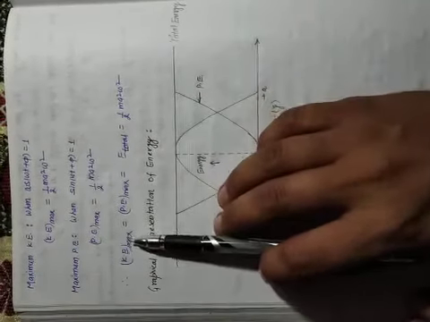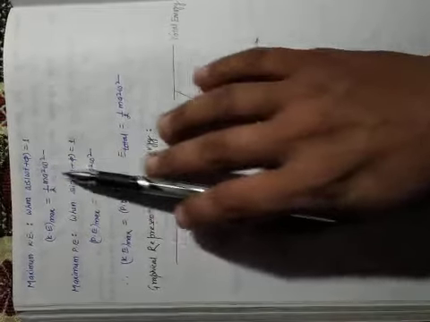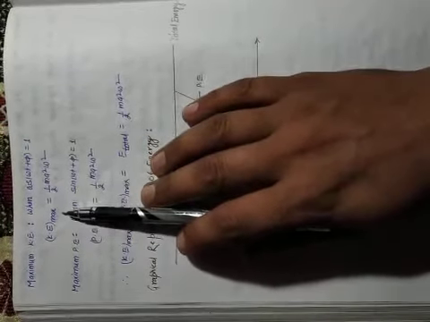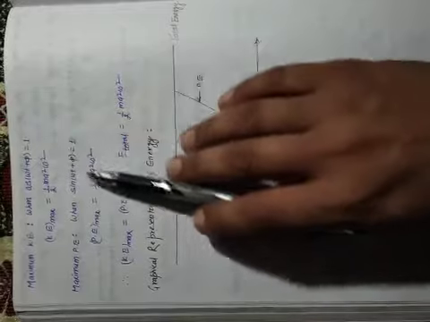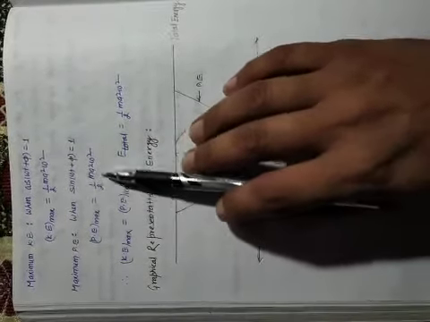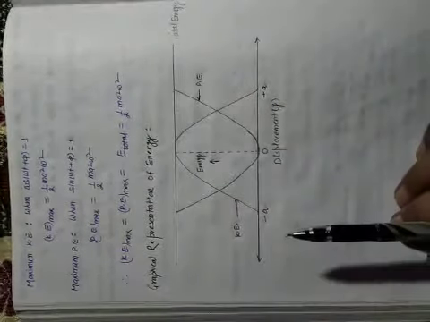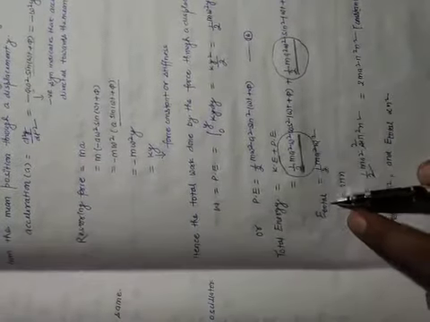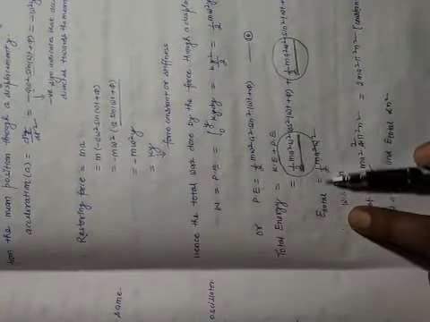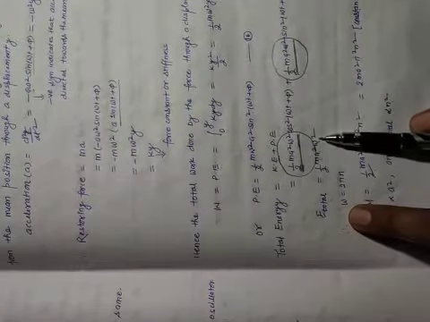Look at these two relations. Maximum kinetic energy is half m a square omega square, maximum potential energy is half m a square omega square, and the total energy is also half m a square omega square.